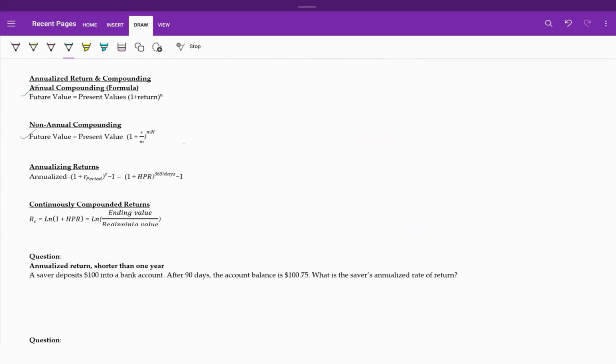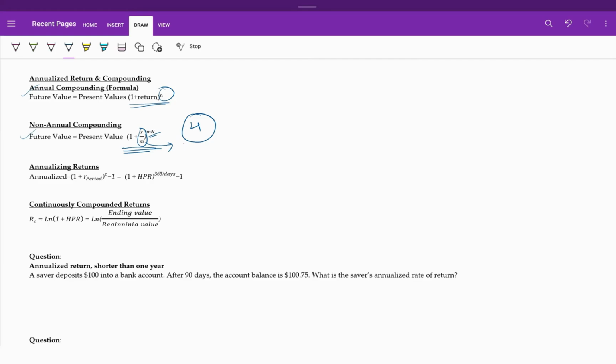When we use annualized compounding, there is no difference in the rate and the time. When we use non-annualized compounding, the rate is divided by the frequency. M represents the frequency, 4 in our previous case when it was quarterly. This is also multiplied with the time, so time is also increased now.